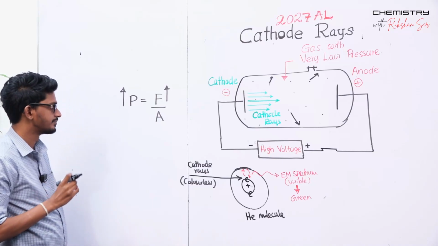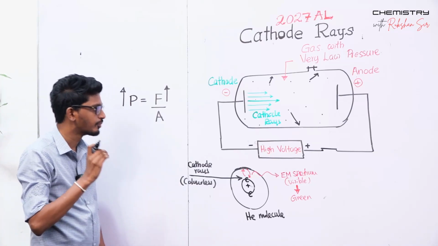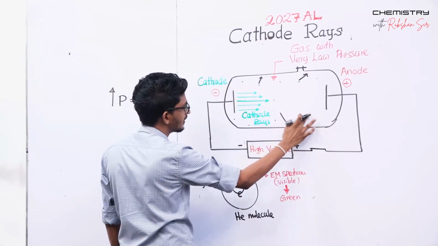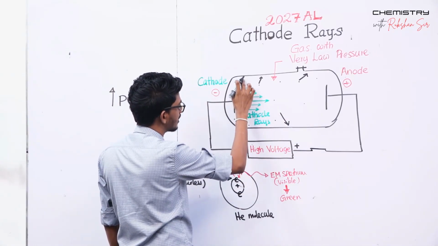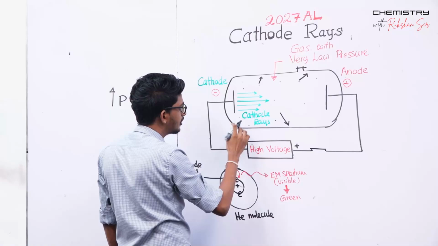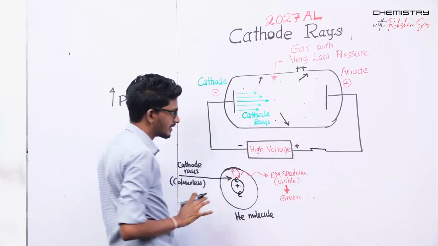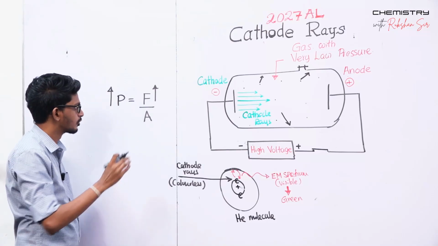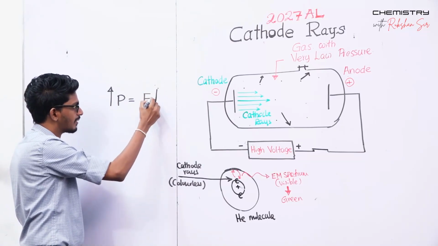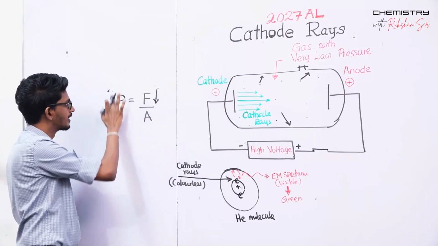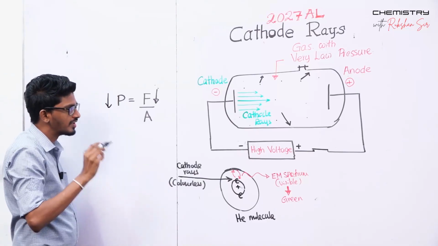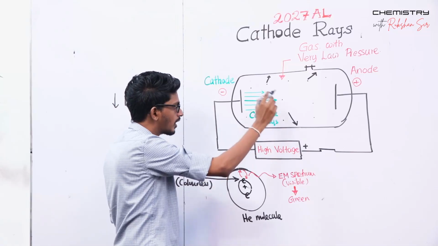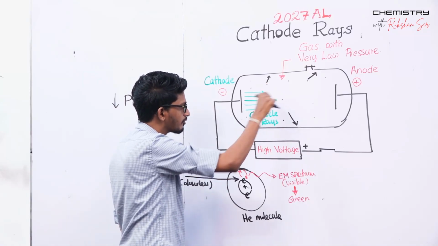So you clearly see, when you have very few gas molecules, there are very few collisions with the walls of the container, so the force exerted by those gas molecules will be low, and the pressure will be low. So very low pressure means inside your gas tube you have only a very small number of gas molecules.